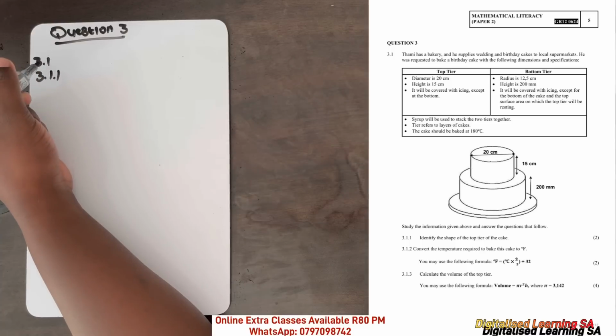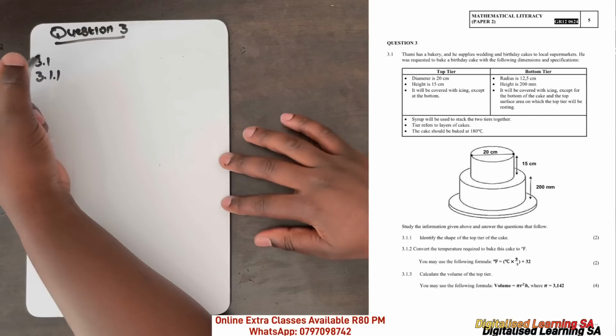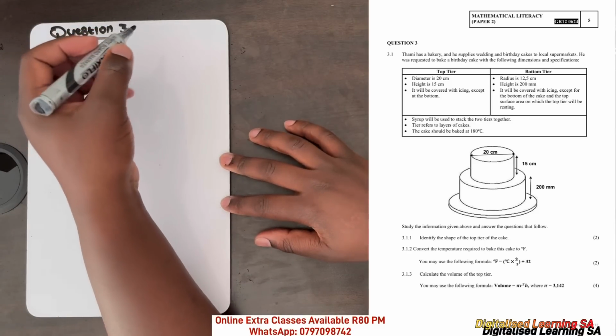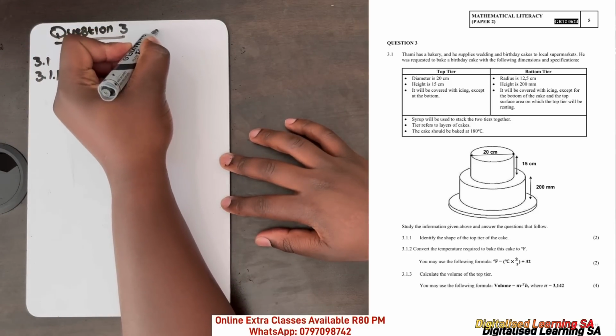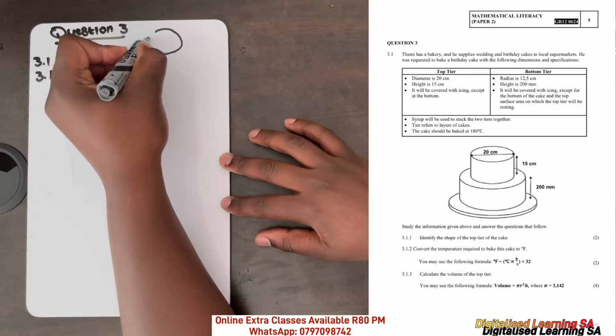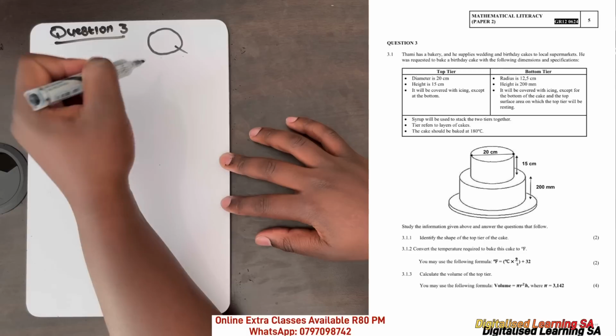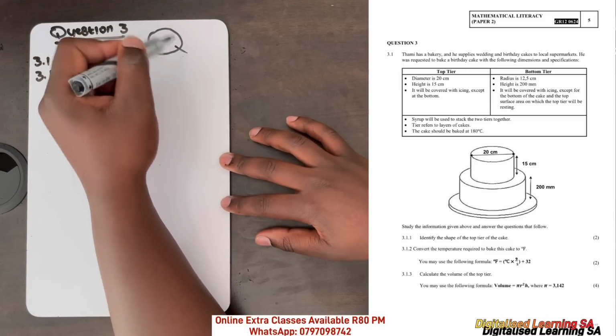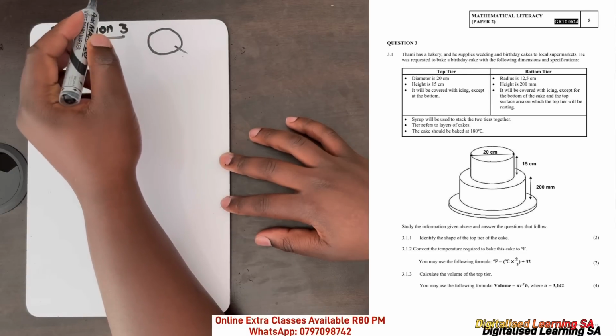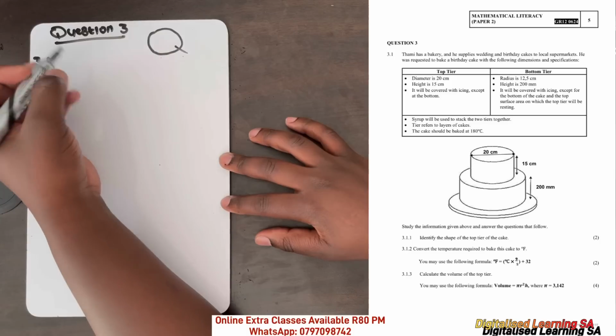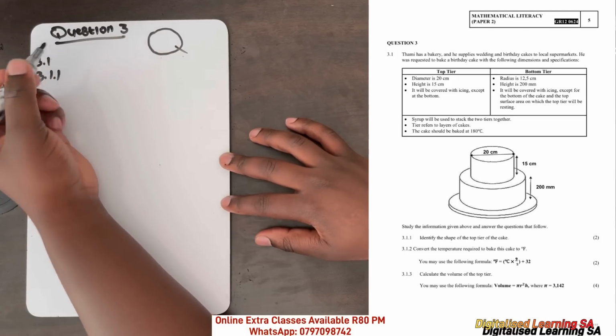So our first question will be question 3.1.1. Question 3.1.1 says identify the shape of the top tier of the cake. We can see that our cake is represented in this form, and this is a circle, meaning that our answer would easily be a cylinder.